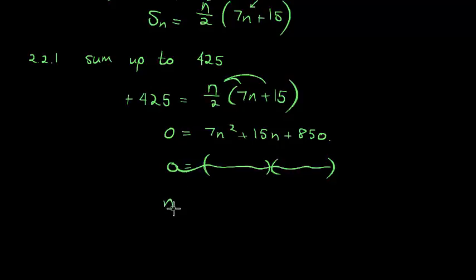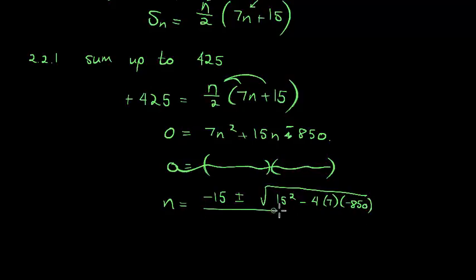So n is equal to negative b plus minus, actually fill it out, so negative 15 plus minus the square root of 15 squared minus 4 times 7 times, oh sorry, this must be a negative, I forgot, times negative 850, over 14, 2 times 7.